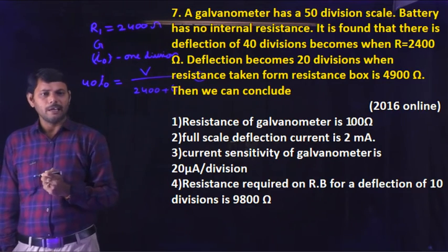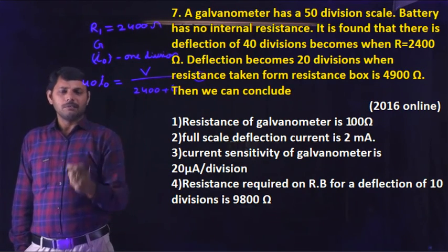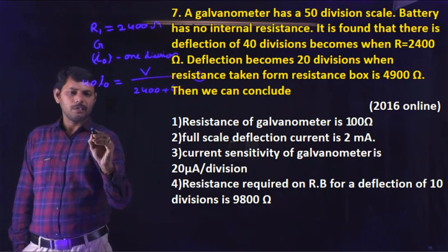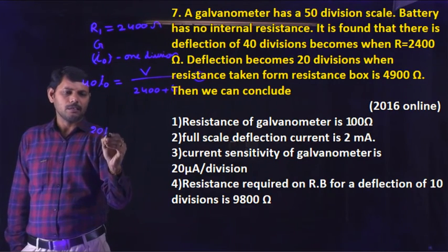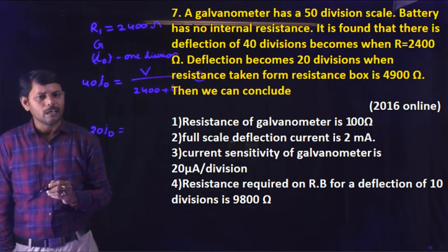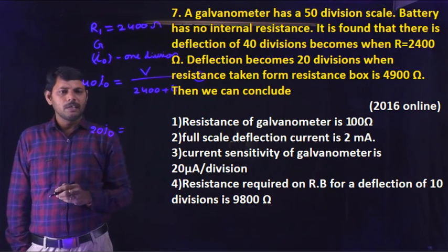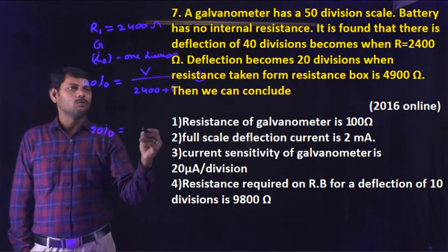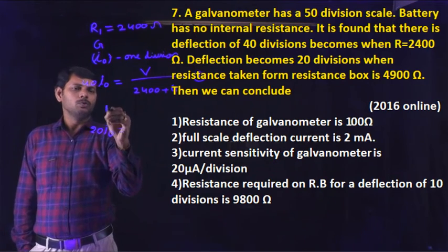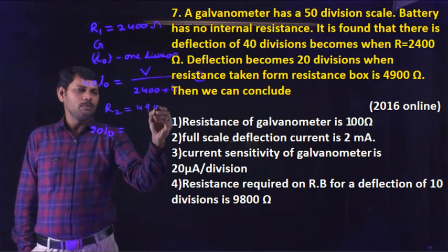Coming to the second data. The deflection becomes 20 divisions, which means the current becomes 20 I naught. When the resistance taken from the resistance box is 4900 ohms, R2 is a 4900 ohm resistor in the circuit.